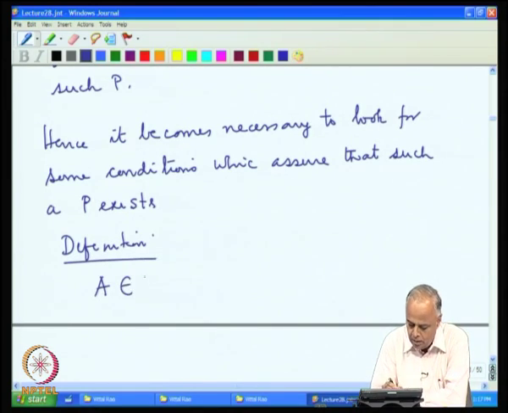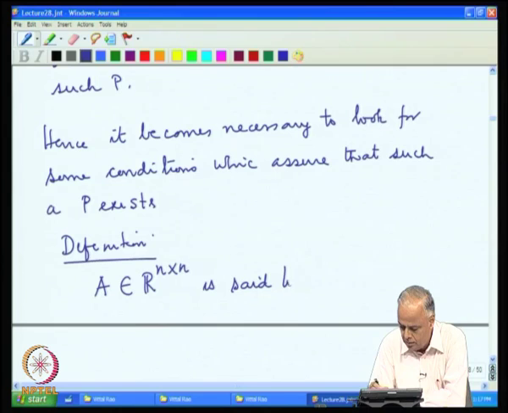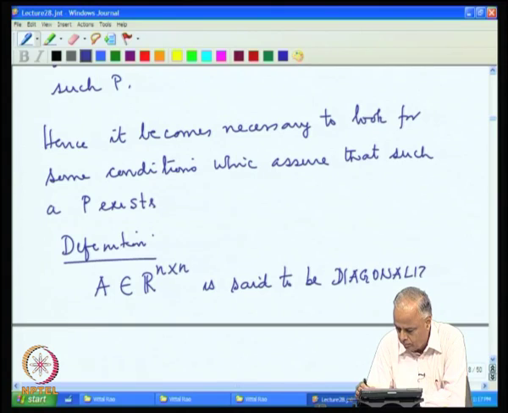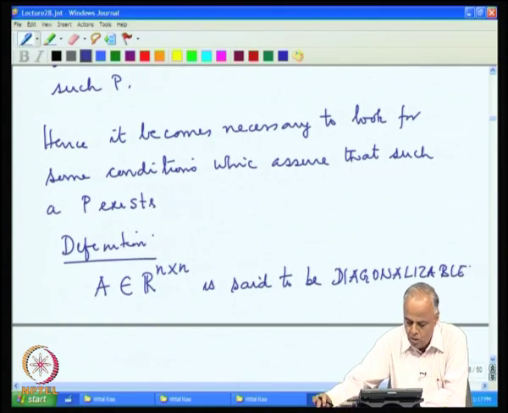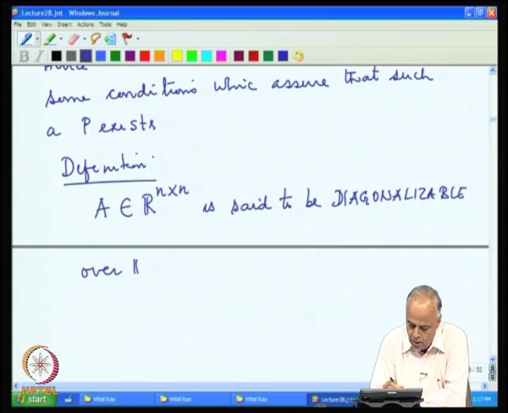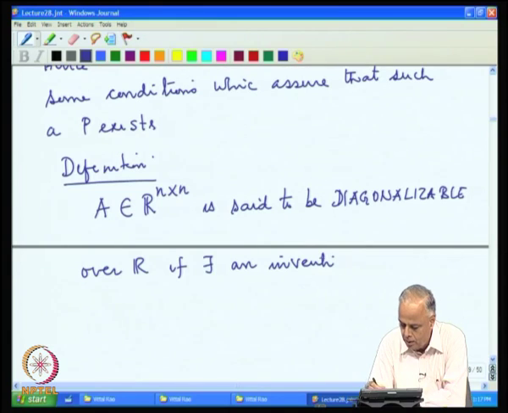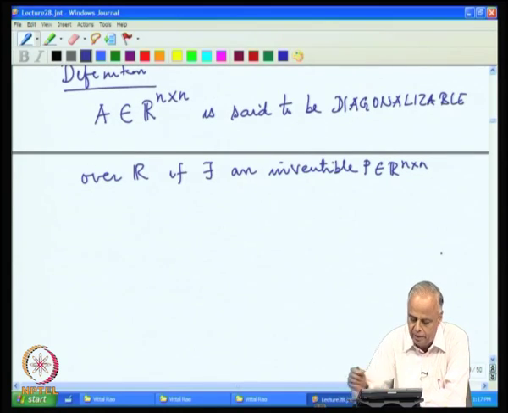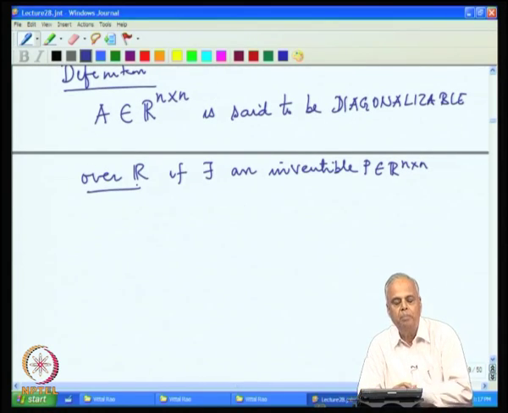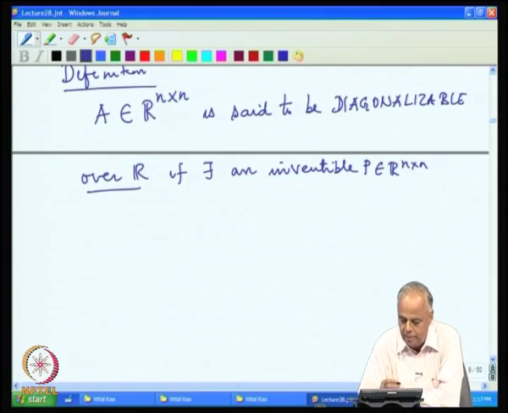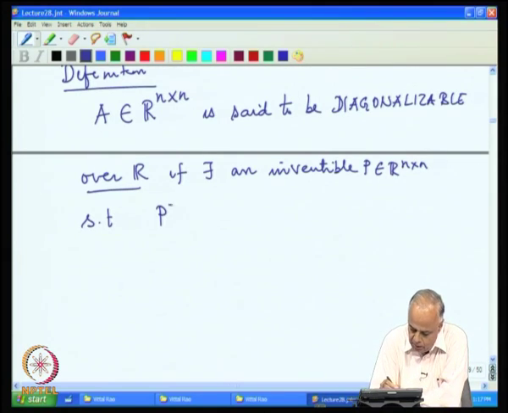A real matrix A, n by n, is said to be diagonalizable over R if there exists an invertible P in n by n real matrices, that is what is meant by over R, that the P that we are looking for is a real matrix, such that P inverse A P is a diagonal matrix.